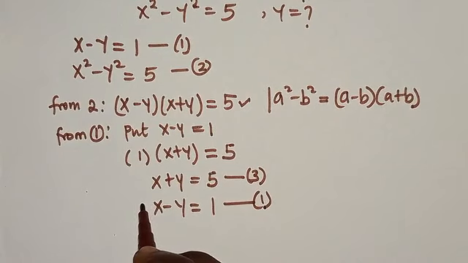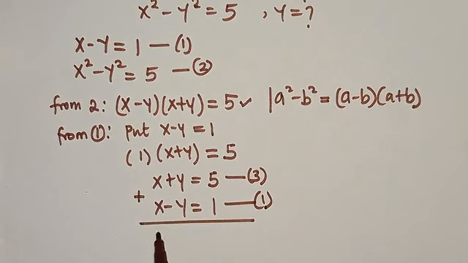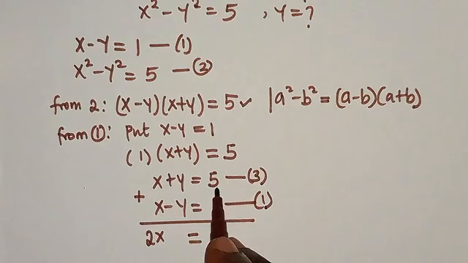Therefore, let me add both equations. If I add both equations, x plus x, I'm going to be having 2x, then y plus minus y, that will give us 0, right? So equals 5 plus this one, I'm going to be having 6.